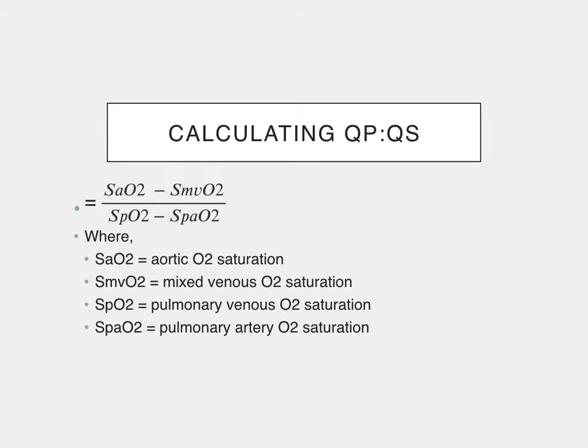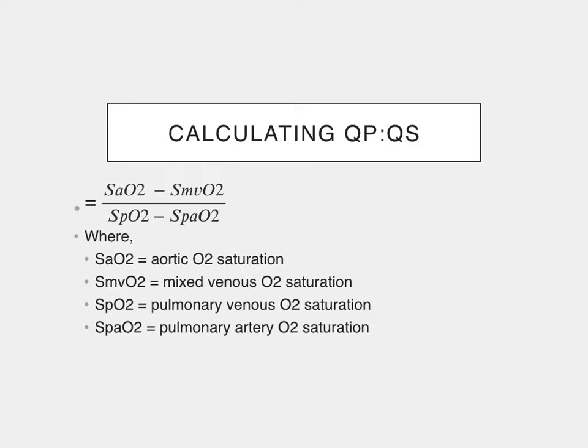There are a number of ways to calculate the QP to QS. Most commonly, you'll see us do this at the bedside using arterial and venous blood gas samples. That's the least accurate way, and we'll talk about the assumptions that you have to make when using that method, and those assumptions mean that this ends up being the least accurate way to calculate this.